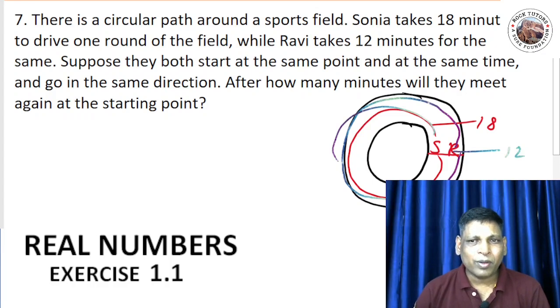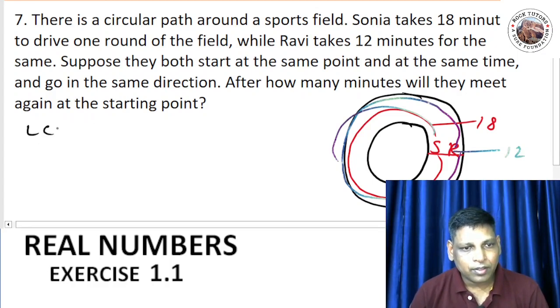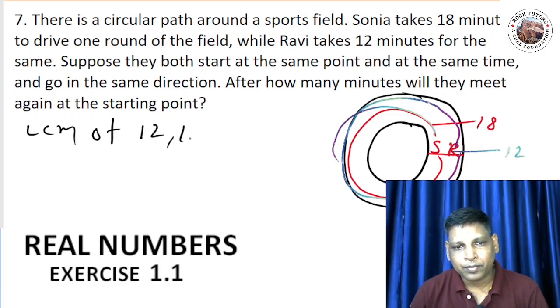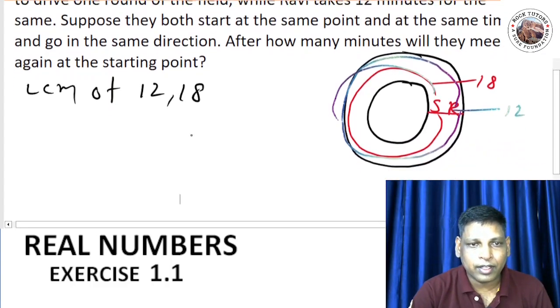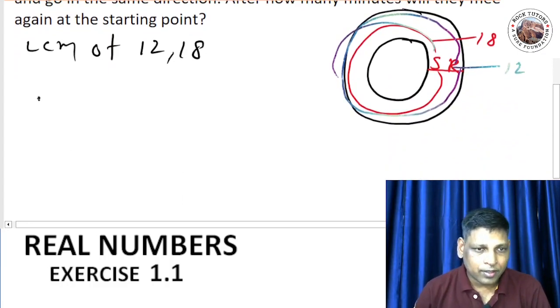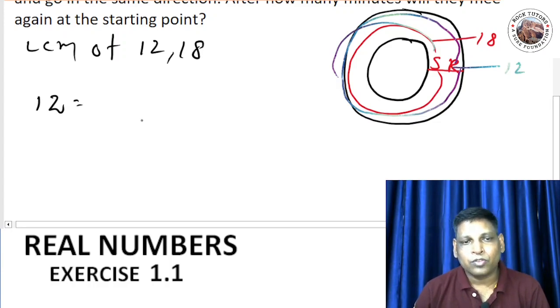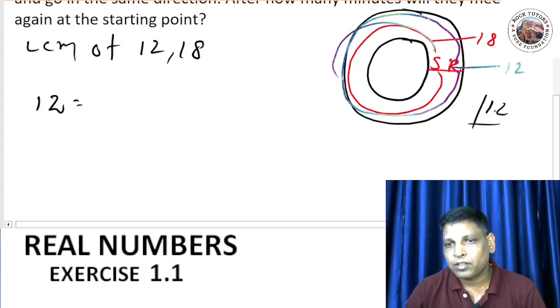Now, to find the LCM, what do we do? LCM of 12 and 18. First we write all the prime factors of 12. 12 is 2 times 6, 6 is 2 times 3.